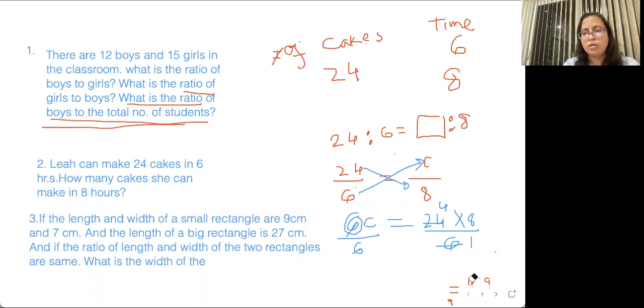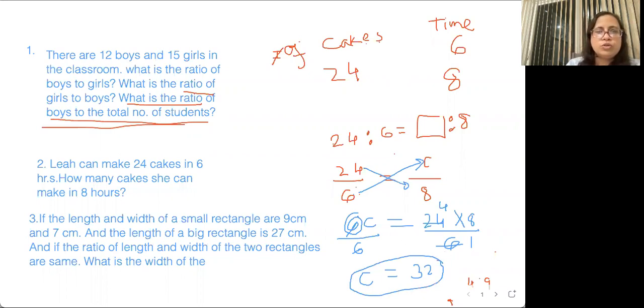So in 8 hours, Leah can make 32 cakes. So our answer of question number 2 would be 32. Okay, so this is a little bit of proportion as well.